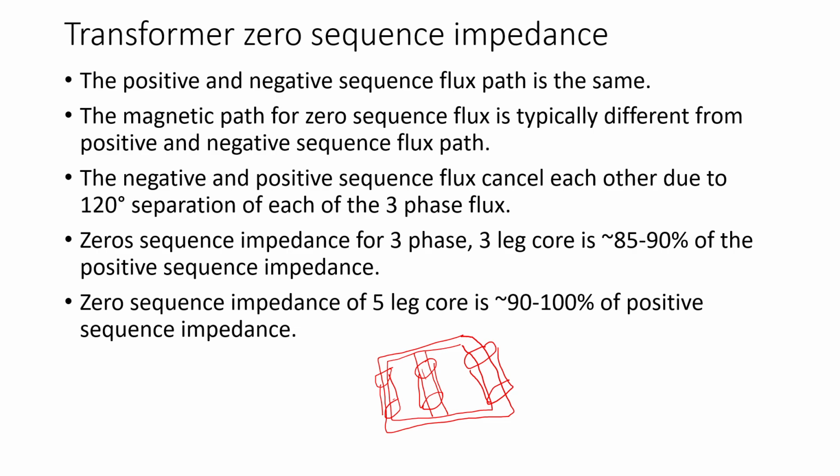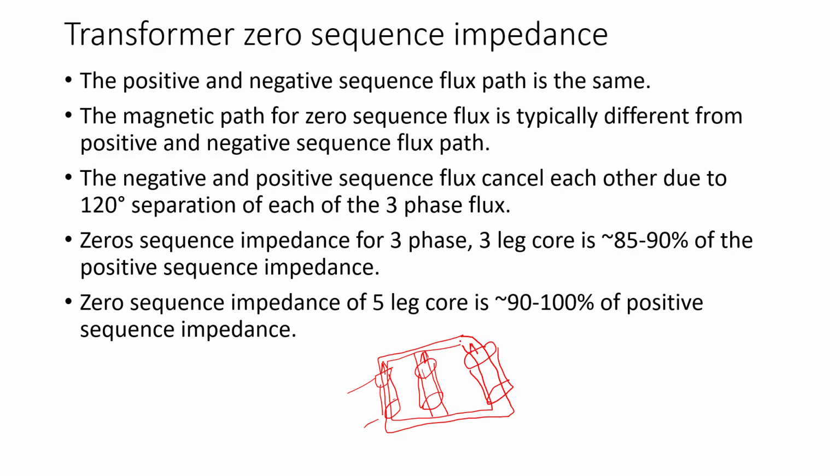So you have the core limb, then the low voltage, then the high voltage, and they are cylindrical. If you apply voltage to the high voltage winding, it will induce voltage in the high voltage winding, which will cause magnetic flux to flow in this limb, for instance. The same thing here, the same thing here.